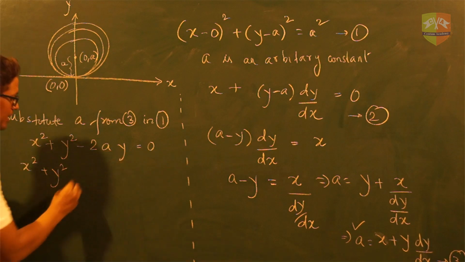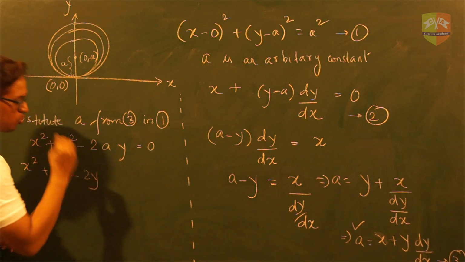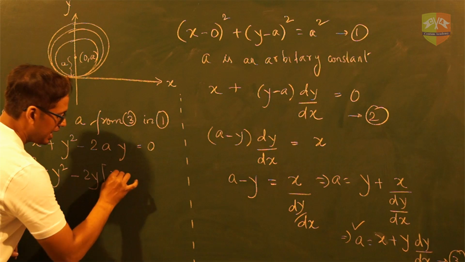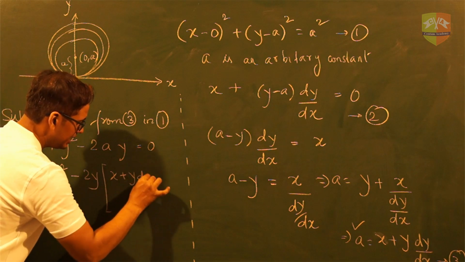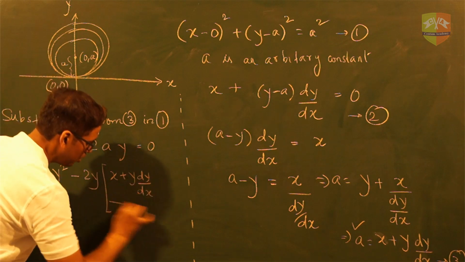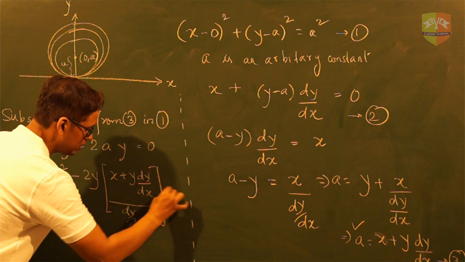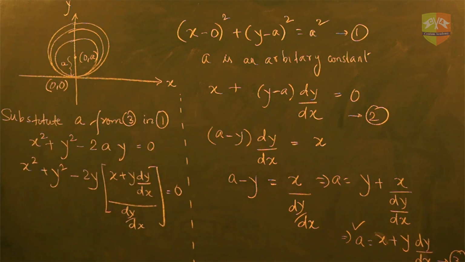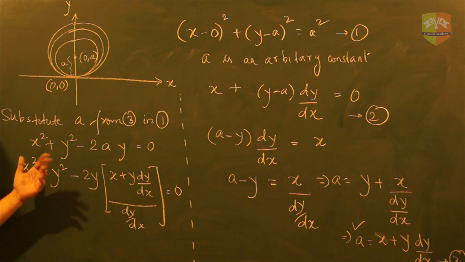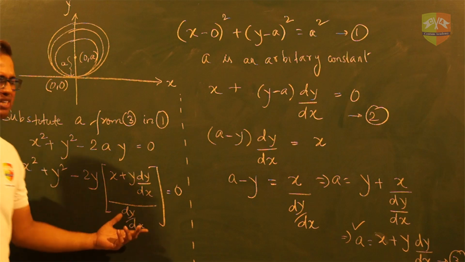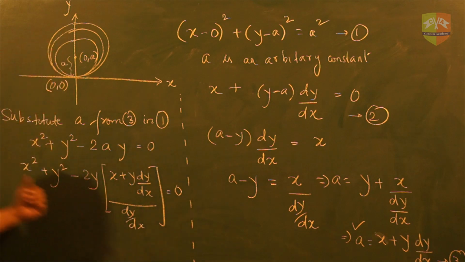So the value of a from there, I can write it as 2y times x plus y dy by dx whole divided by dy by dx equal to 0. Now, it's good practice that you should not leave a dy by dx in the denominator. So let us multiply throughout with dy by dx.